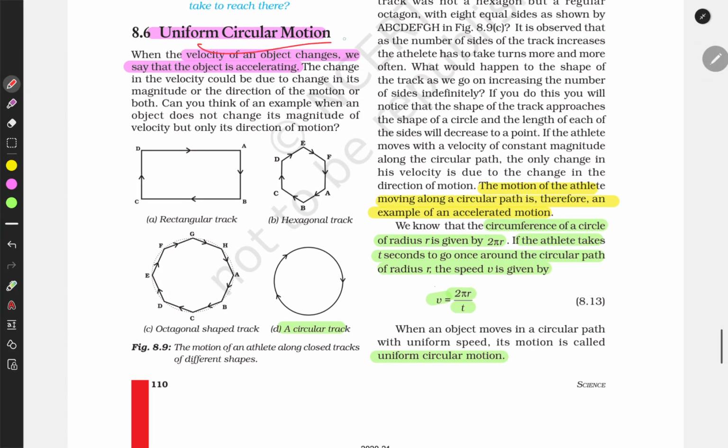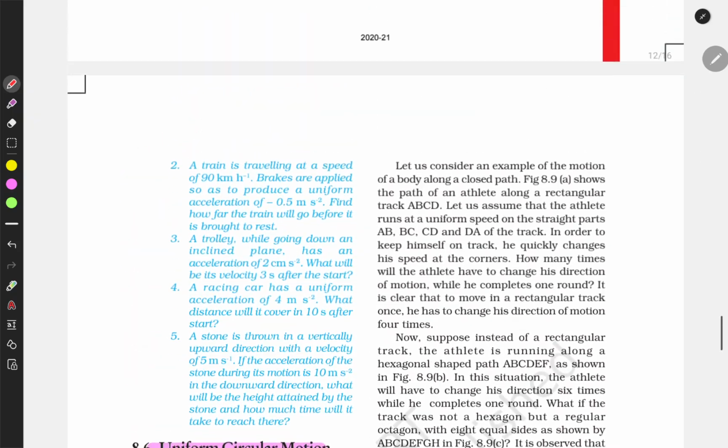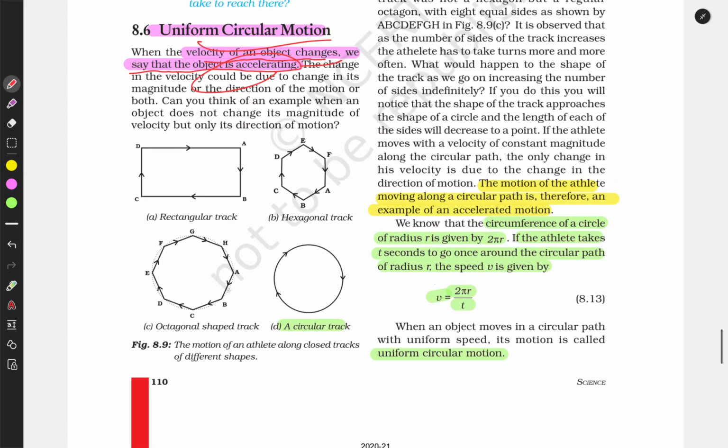Now, talking about uniform circular motion. When the velocity of an object changes, we say the object is accelerating. The motion of an athlete moving in a circular path is therefore an example of accelerated motion. Why is circular motion accelerated motion?